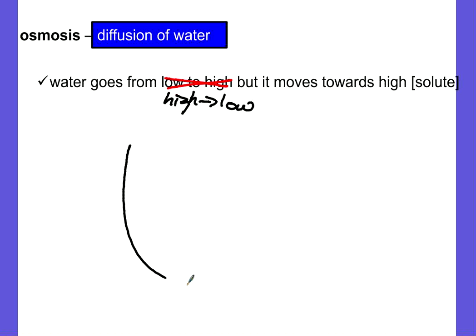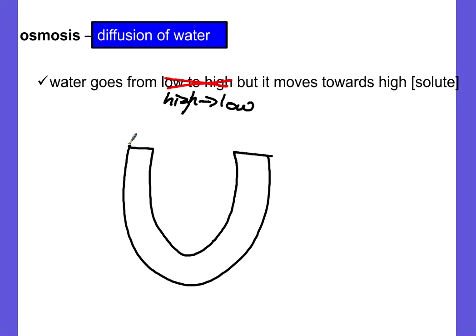Now before you flip it to the other side too, there's a certain amount of pressure associated with osmosis. If I had a tube that had kind of a U-bend to it, and I put water in there, the water level would be the same on both sides, right? Gravity would make it be the same on both sides.